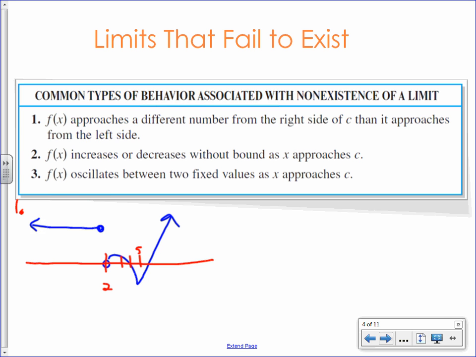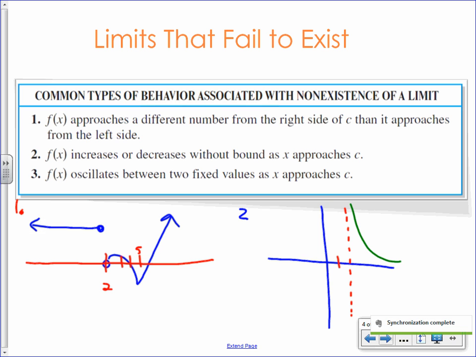One goes up, one goes down, not all the time. But if we were looking at x is 2, and my graph was doing this, we are increasing without bound, or decreasing without bound, and so we say that the limit fails to exist.